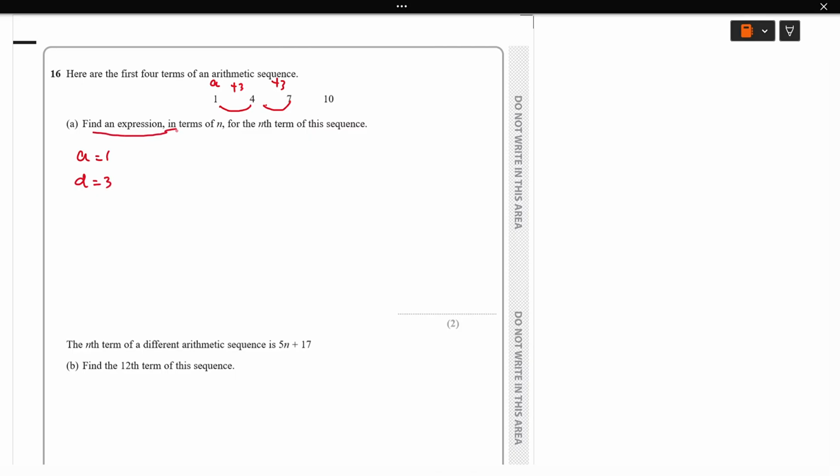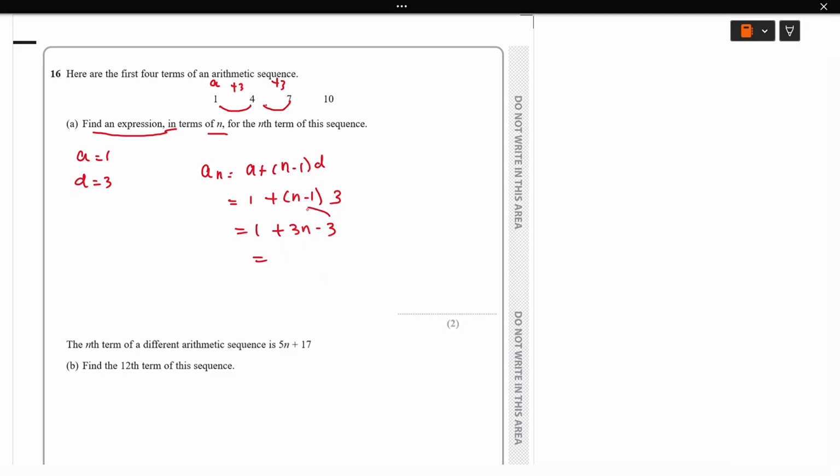Find an expression in terms of n for the nth term. So the nth term formula is an equal to A plus n minus 1 times D. Substitute A equal to 1 plus n minus 1 times the D, which is 3. Now expanding, 3 times n minus 1 becomes 3n minus 3.